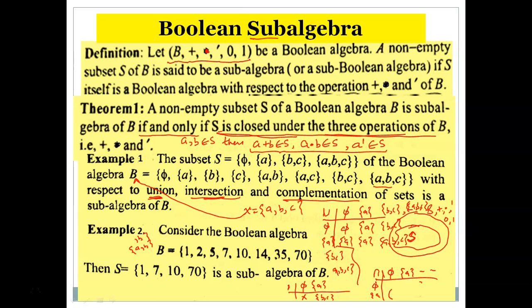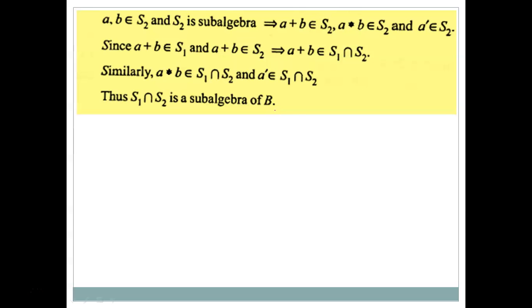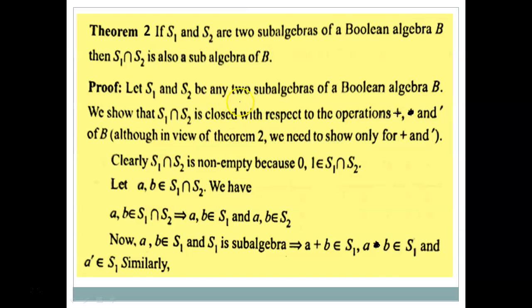Next one, theorem. If S1 and S2 are two subalgebras of a Boolean algebra B, then S1 intersection S2 is also a subalgebra of B. So in fact here, for a given Boolean algebra B, we are given two subalgebras S1 and S2.